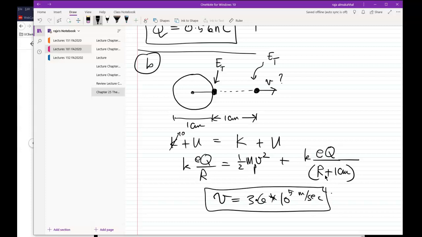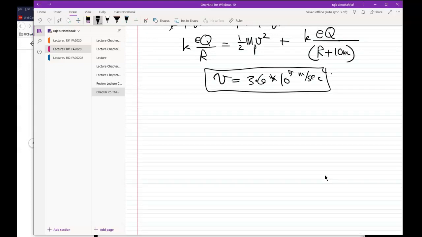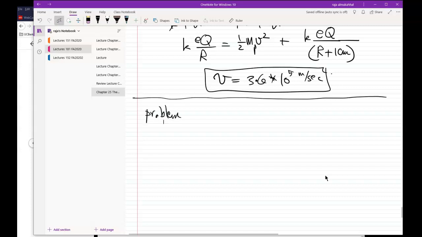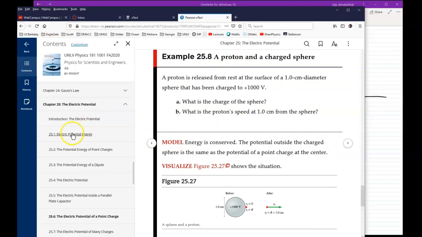I'm going to do problem number 26 from the end of the chapter. This one is kind of a toughie problem. When I taught this course in the past, I got students coming to my office asking me about it.